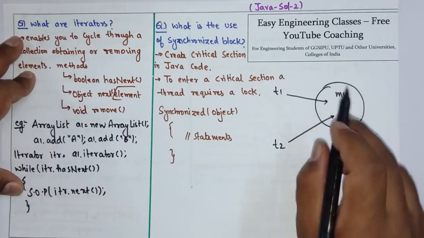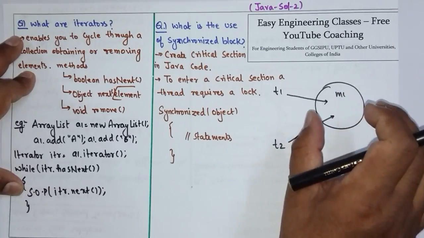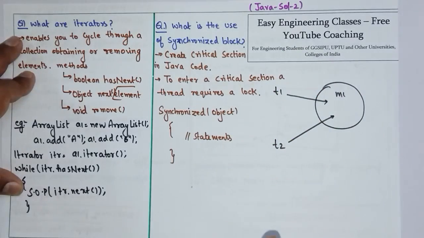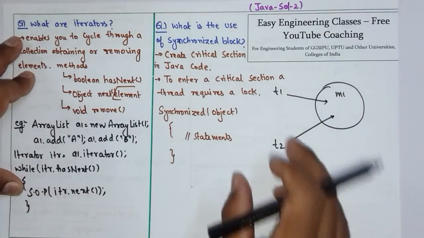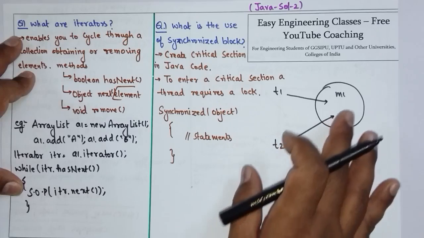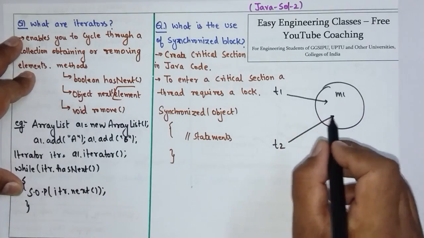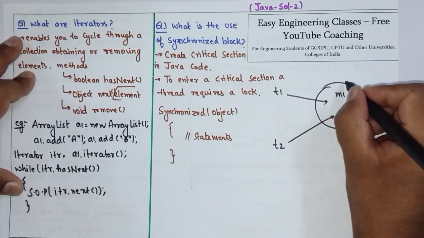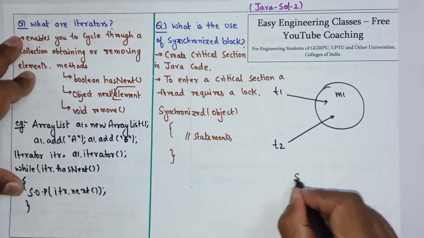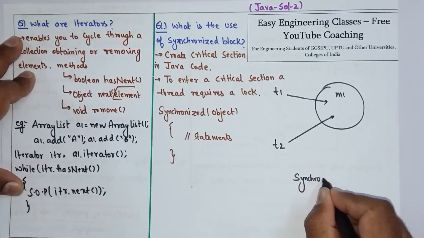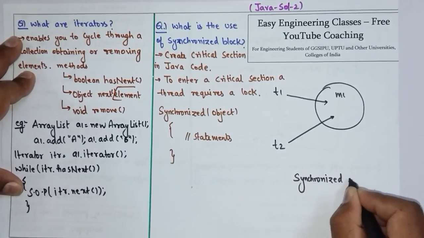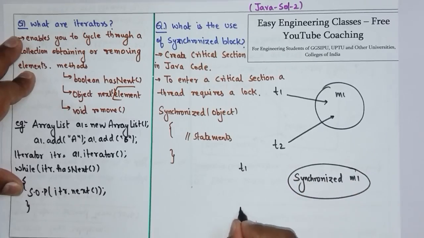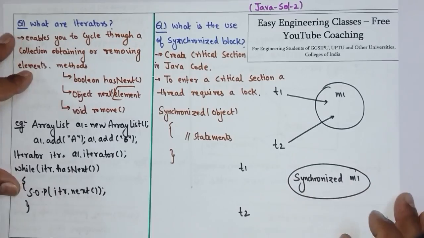But if the resource m1 is such that the consistency of m1 depends on the order of execution of t1 and t2, then there will be a problem if both t1 and t2 are accessing it simultaneously. So to enforce this, I can make this object synchronized. So if I write synchronized m1, then at a time only one thread can access this block.